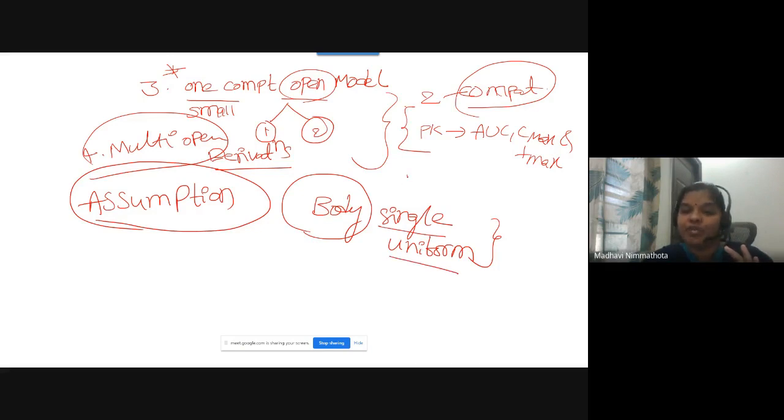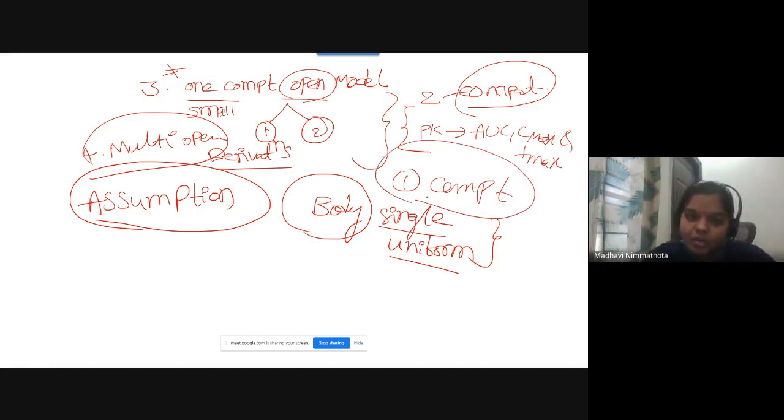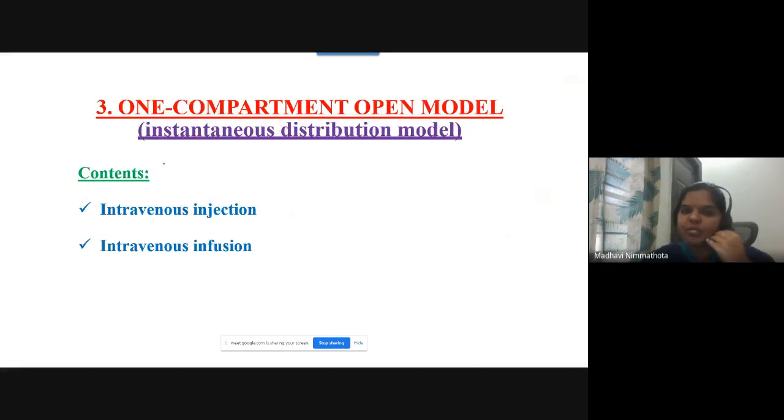This is one compartment, total one compartment. In this total one compartment only we are going to do IV infusion, IV bolus, or whatever the dosage form is. But you can remember that in the one compartment open model our body is assumed as a single uniform compartment, right?